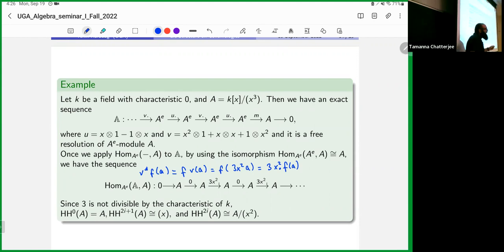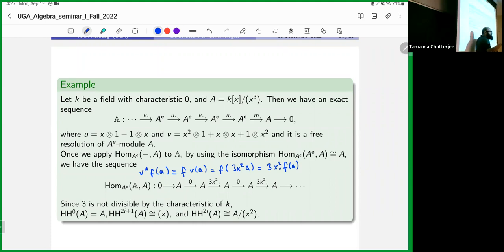And now, if I want to calculate Hochschild cohomology, I just take the kernel of each map over the image of the previous map. So, for example, for this 0 map, what is the image of this 0 map? It is just 0. But the kernel of this map is just x.